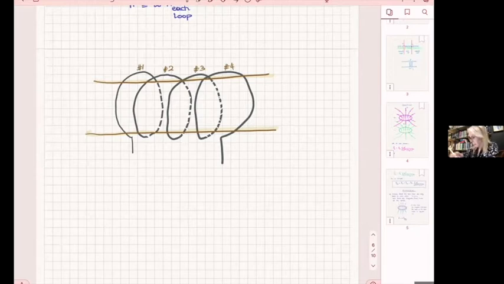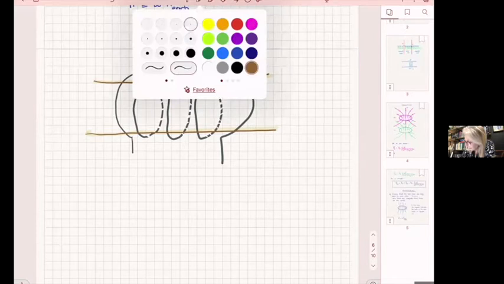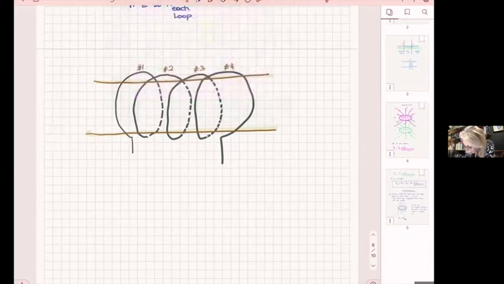All right, but they wind around this bar. And so what you see here in terms of current is like the current, if it flows here, it will go here. It will come around here, here, here, and then it's going to go out.